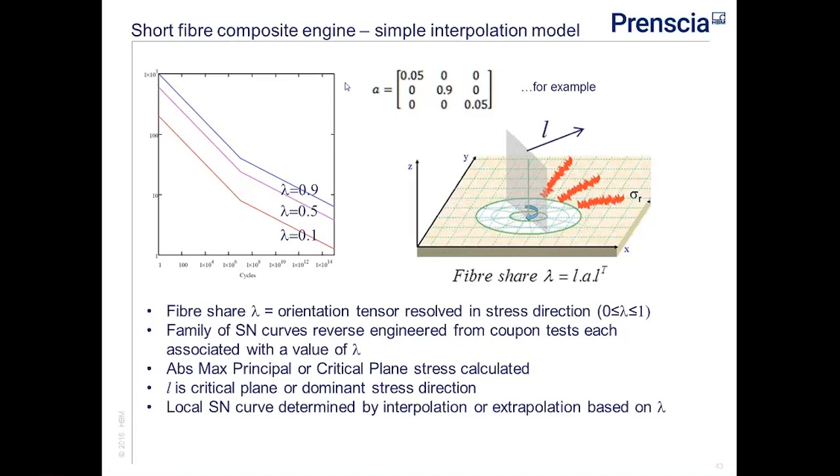So this gives us a number between 0 and 1, and what the software does is at each location it compares the stress direction with the material orientation tensor to determine this fibre share number, and then uses it to interpolate between a set of SN curves. So that means that effectively what we're doing is predicting a unique SN curve for each location, depending on the loading direction relative to the fibres. So that's the simple interpolation approach.